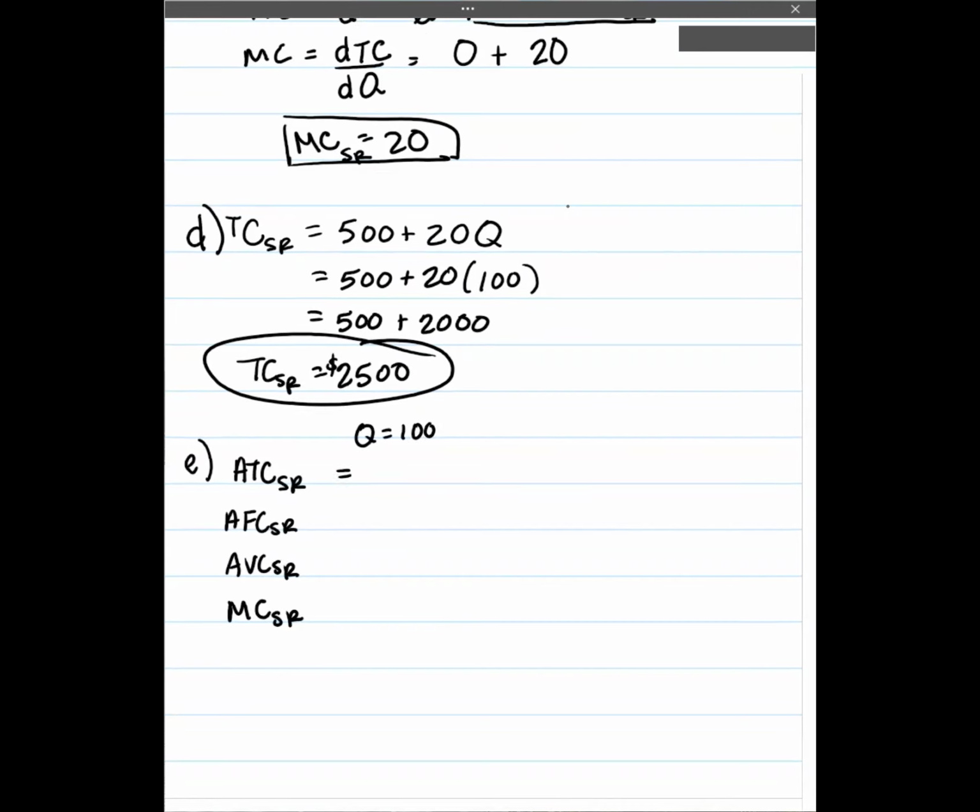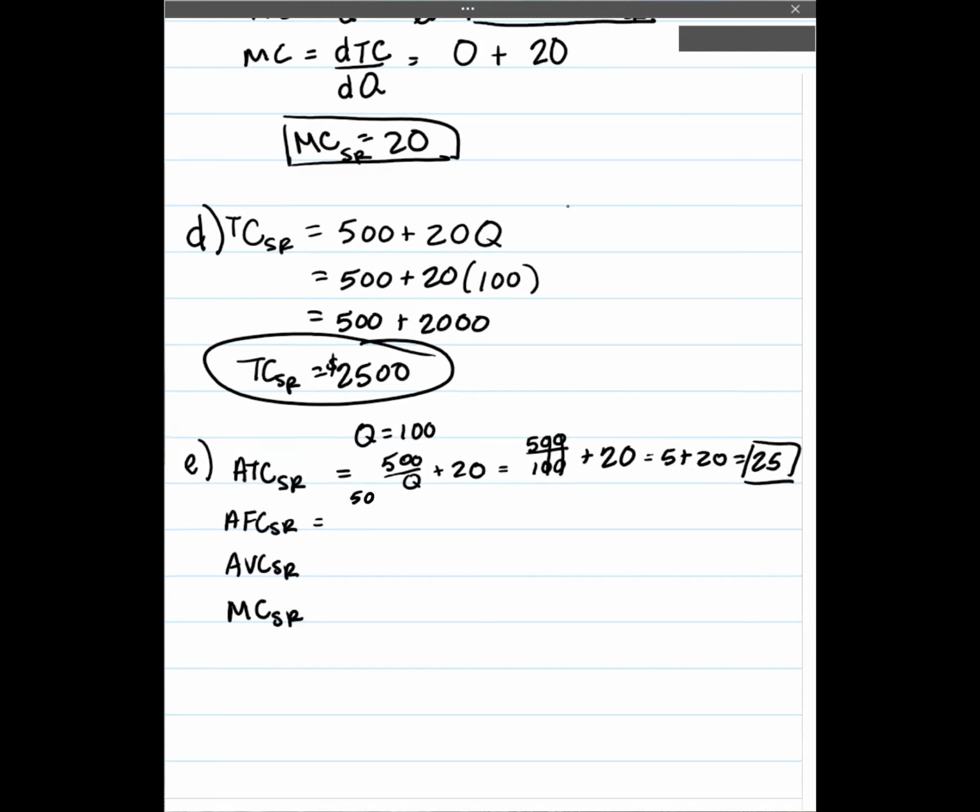So we found previously that Fry Supply's average total costs in the short run were equal to 500 over quantity plus 20, right? This was from part C. So we're just going to substitute 100 for quantity. So that gives us 500 over 100 plus 20. 500 divided by 100 gives us 5. So we have 5 plus 20. So average total costs in the short run are 25.